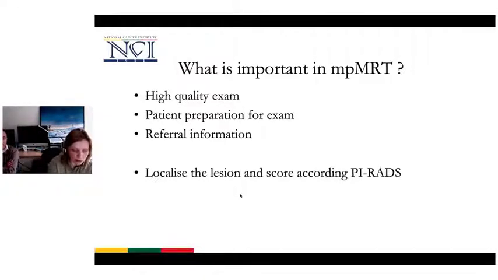And for us, the radiologists, the main thing is to see the lesion, to localize the lesion, in which zone, and to score it according to PI-RADS. Very important is to have feedback from your urologists and to participate in MDT meetings, because otherwise you cannot be a good radiologist.